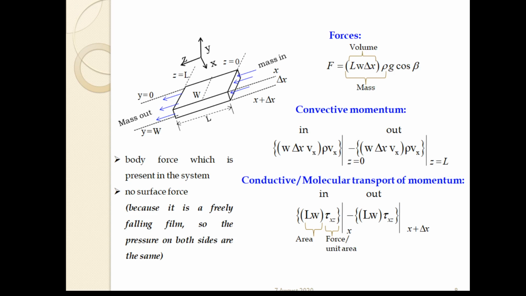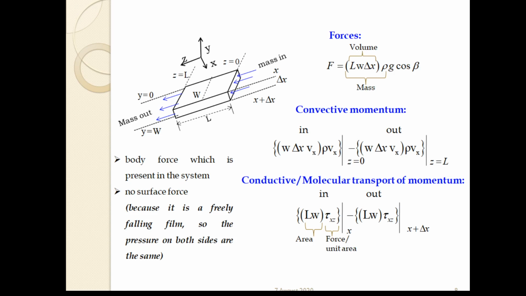There is also a gravity force which is acting on that surface. On this control volume of thickness del x, length capital L and width W, the mass of the liquid contained in the volume is L into W into del x into rho. The area is L into W, and del x multiplied with the area gives the volume. Another term is g cos beta, which is the component of the body force.